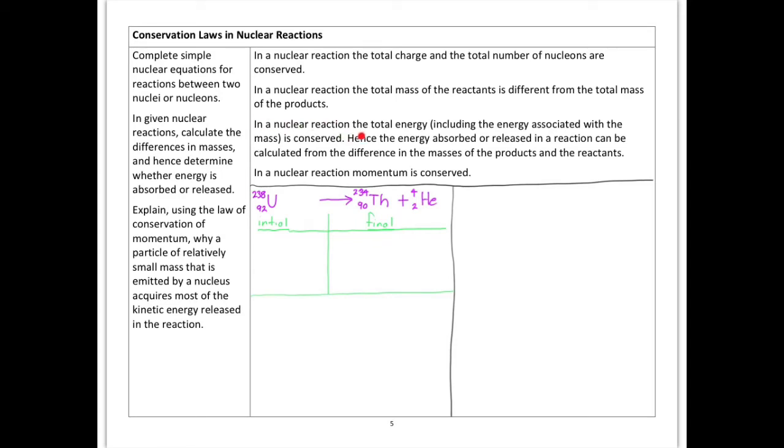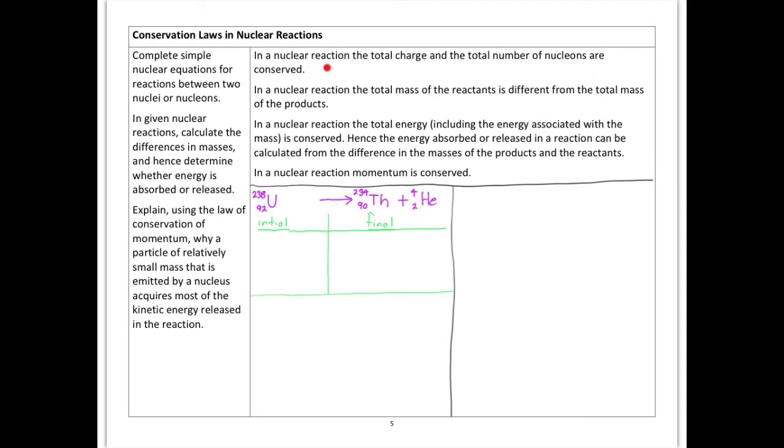However, in a nuclear reaction, the total energy, so that's the energy of the particles plus the energy associated with their mass, is conserved. Hence, the energy absorbed or released in a reaction can be calculated from the difference of masses in the products and reactants. We've already done that. So we've now got to think of mass and energy being interchangeable and that total energy associated with them as being conserved.